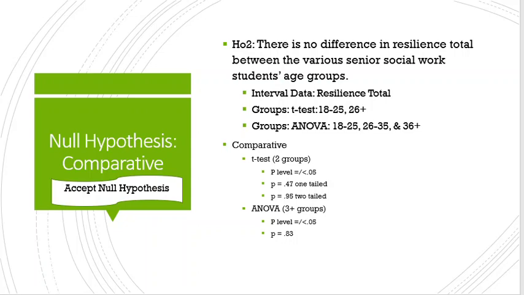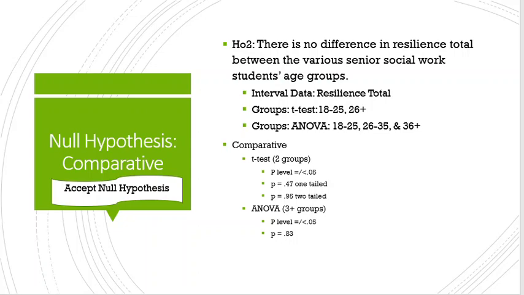So after running the inferential statistics, both for the t-test and the ANOVA, it was found that both p-values were more than 0.05. You can see the one for the ANOVA is 0.83, and the comparative on the t-test was 0.95, well above the 0.05 cutoff.